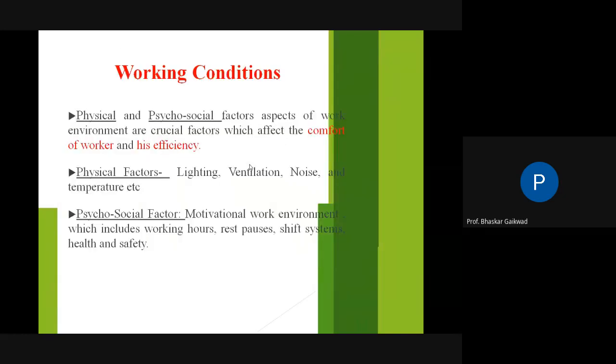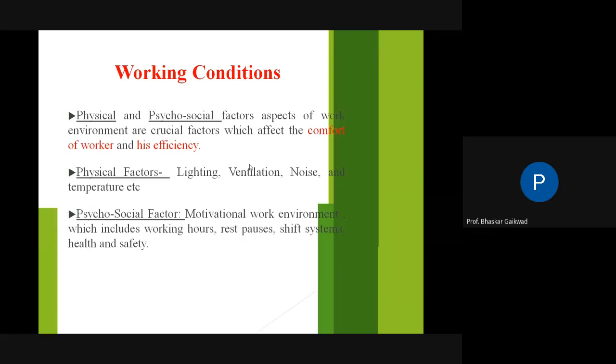Then working conditions. In industry, the physical, psychological and social aspects of the work environment are crucial factors which affect the comfort of the work and efficiency.